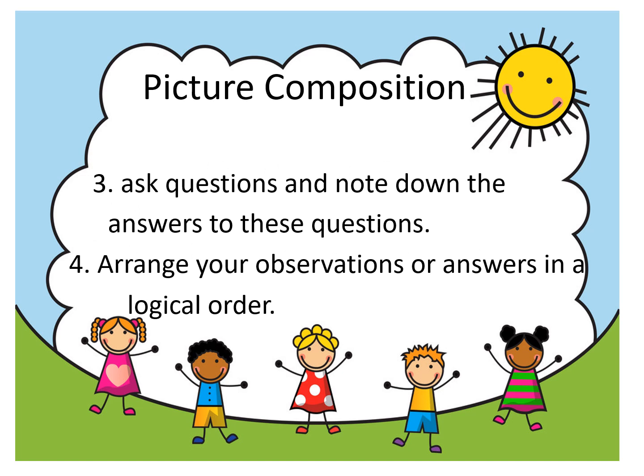Now, once we observe the picture, we should ask questions and note down the answers or our observations to these questions. Later, we should arrange them in a logical order. You can do all this in a small rough column.